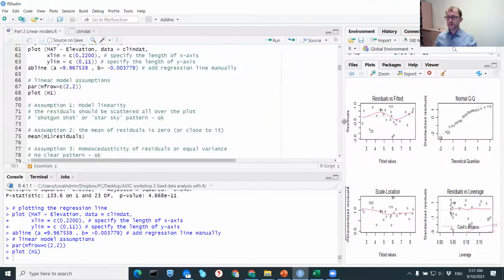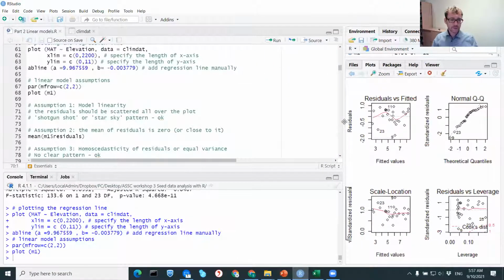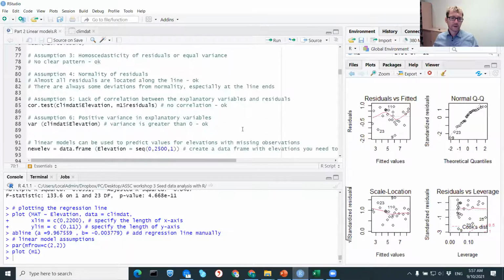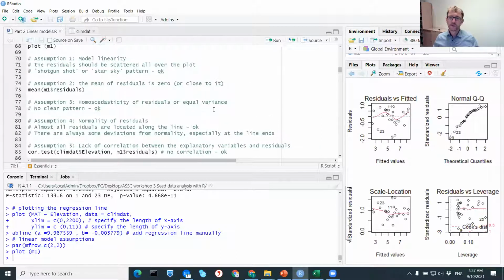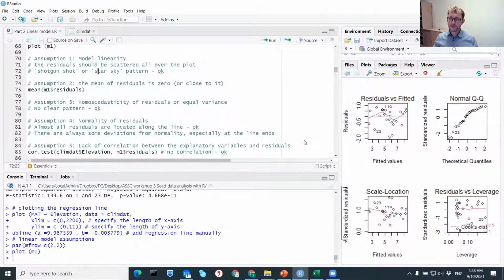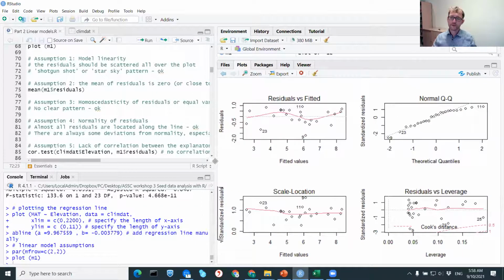Of course, it might be a lot to take in to understand all those things, but there are basically 6 assumptions you always need to consider when running linear models. Assumption 1 is model linearity. So we are checking whether we picked the right model to explain the variability in our data.